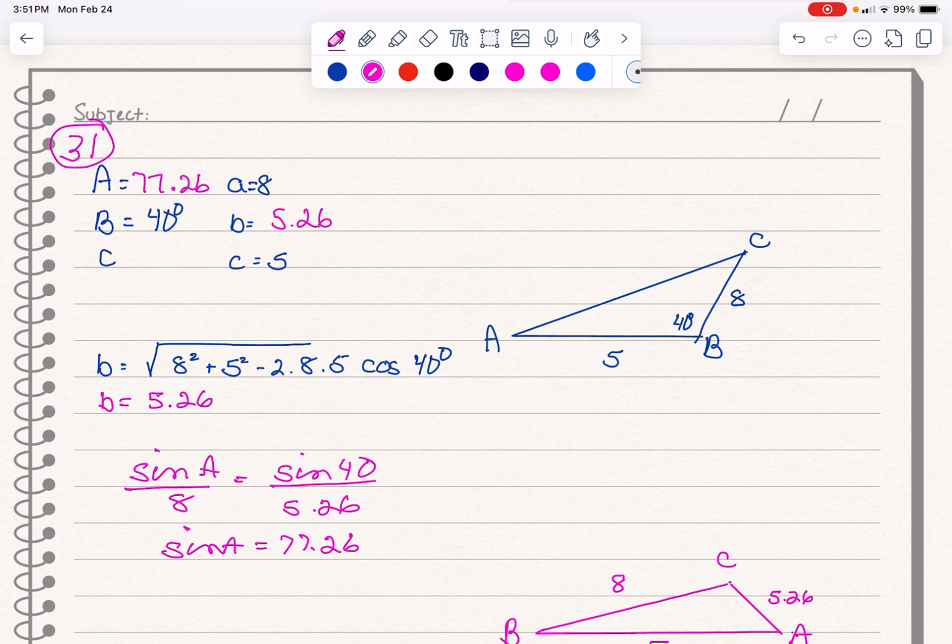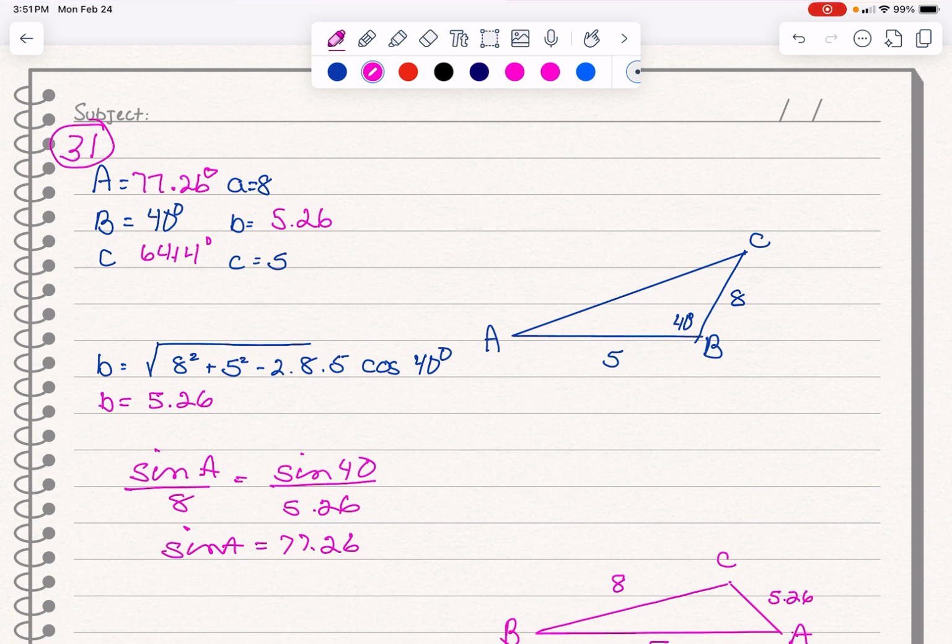That looks good so far, because 40 degrees is less than 77 and 5.26 is less than 8. But then when I do my subtraction, I get 64.14 degrees for C. Now I have a problem, because C is my shortest side and it should have my smallest angle, but it does not.